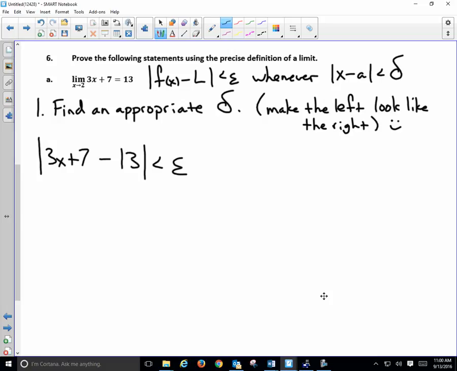Whenever absolute value of x minus a, what is a in this problem? We okay with that? Any questions how I came up with any of those values? Ask now.